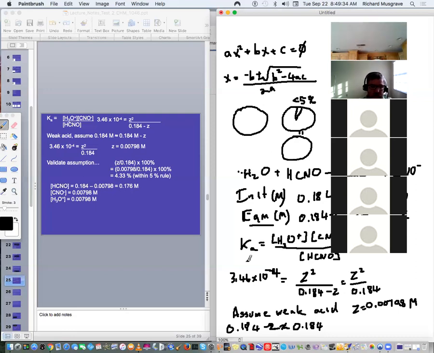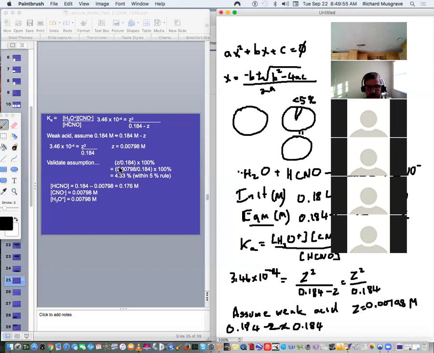All right, once you've got the z value, which happens to represent the value of H plus, those two things are the same, you have to see whether or not the assumption was valid.